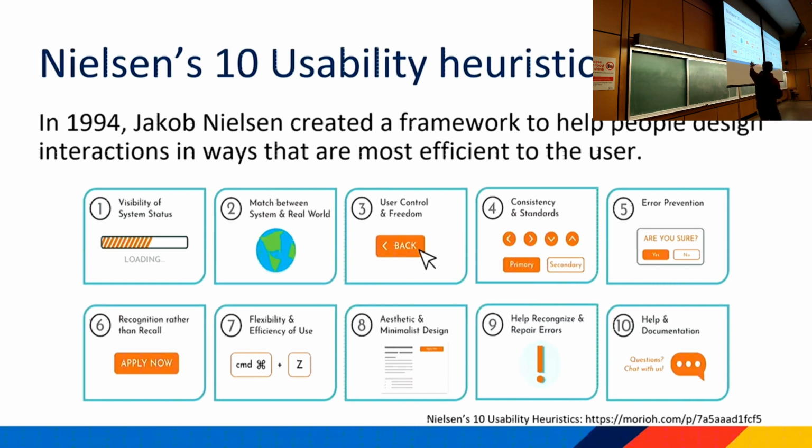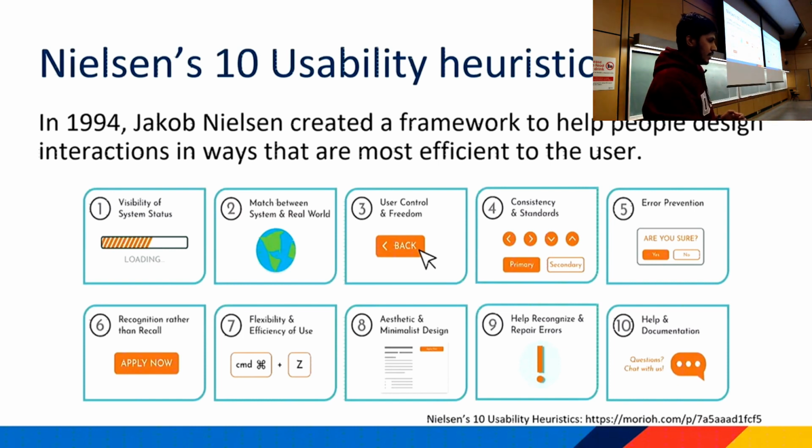I'm not going through all of those. For number 7, flexibility and efficiency of use: maybe users who have more experience don't want to click all those buttons in different places every time. If you give them flexibility, like commands such as Control C, Control V for copying, Control A for selecting everything, they can do it more easily.